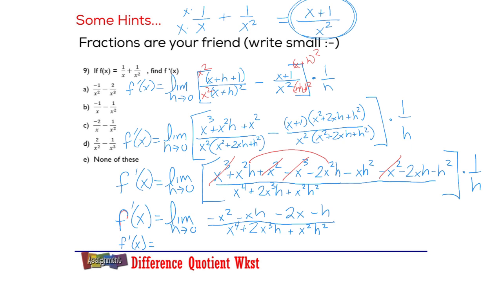When I plug 0 in for h, I'm going to have a negative x squared. Next term's gone. Minus 2x. Next term's gone. Over, when we put it into the denominator, it's going to make the first term just be an x to the 4th, but the next two terms are going to go away.